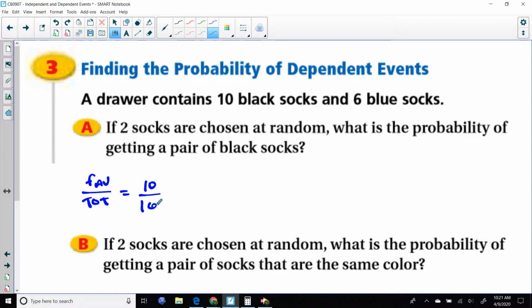And if I get one of the black socks out, and is the word, I want to pull another black sock out. Well, there's only 9 black socks left out of how many socks total? 15 socks total. So the first one, there's going to be 10 black socks out of 16. Now there's only going to be 9 black socks left because I pulled one of them out, and there's only going to be 15 socks in the whole thing.